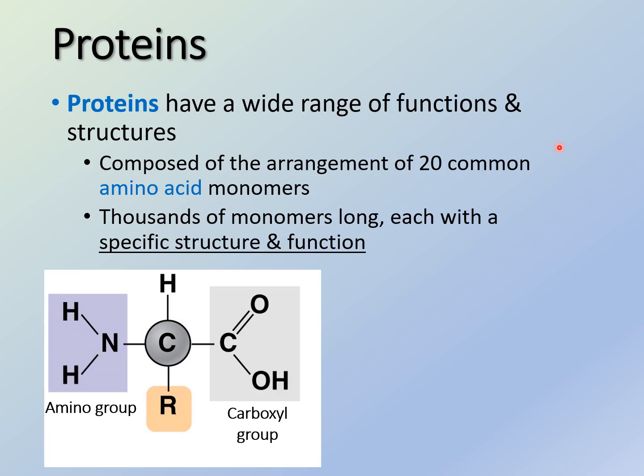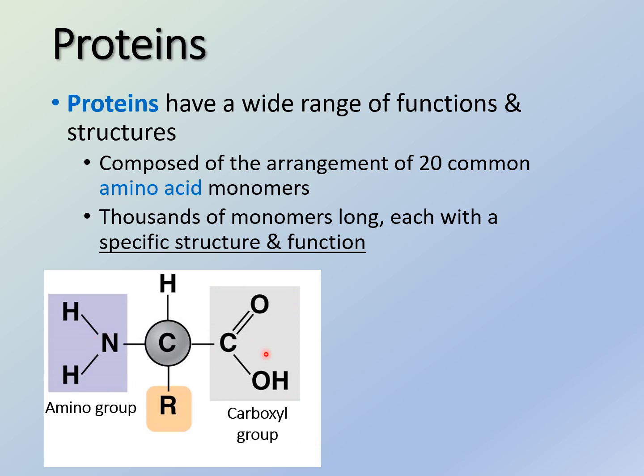Well, the proteins are these big macromolecules or polymers made up of many thousands even of amino acids. And they all have different structures, different functions, and our cells are constantly making proteins in the body.